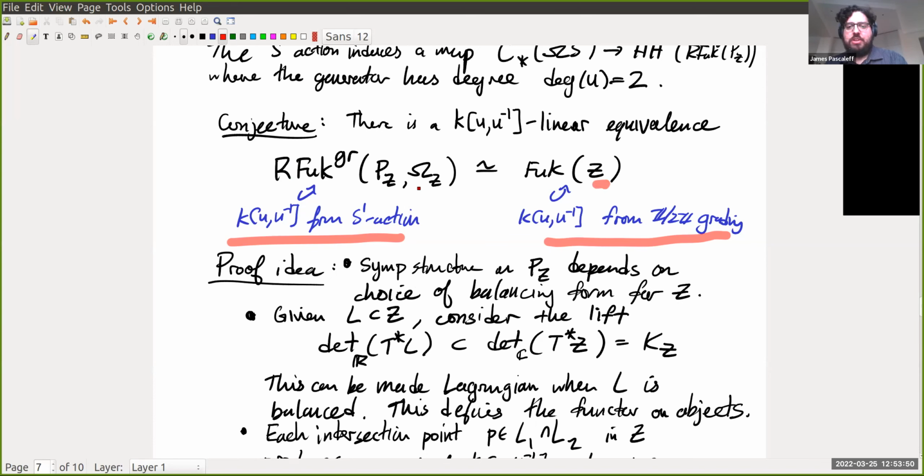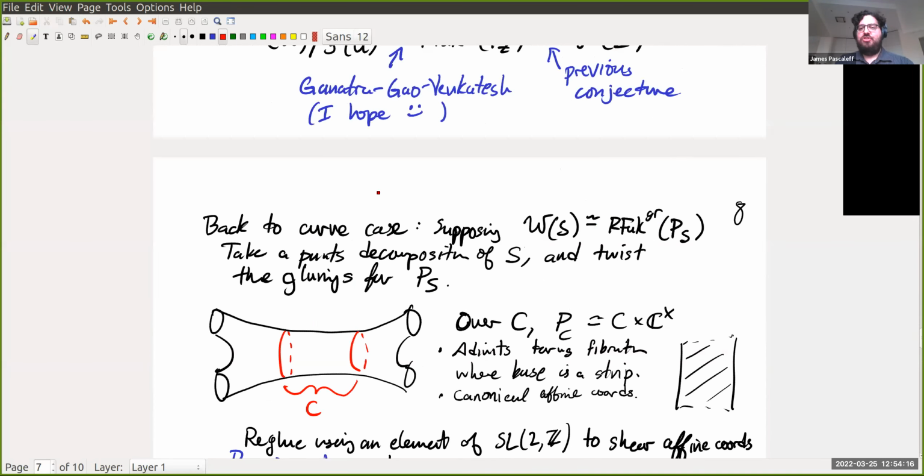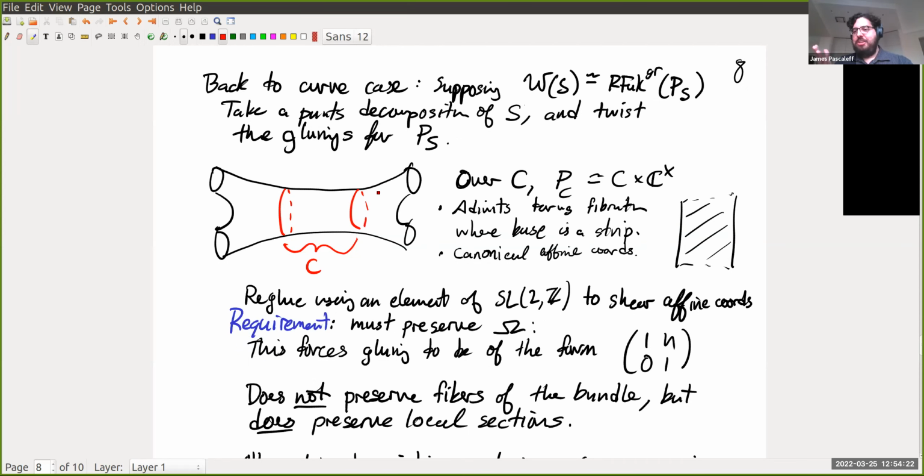So instead of twisting the construction of S, I would twist the construction of P of Z. So I take this principal canonical bundle, which you also call the principal frame bundle of the surface, because the canonical bundle is just the cotangent bundle. So you can take the principal cotangent bundle of the surface, and I'm going to twist that structure. And it turns out that there's a way to twist that. That's the story I'm going to say here.